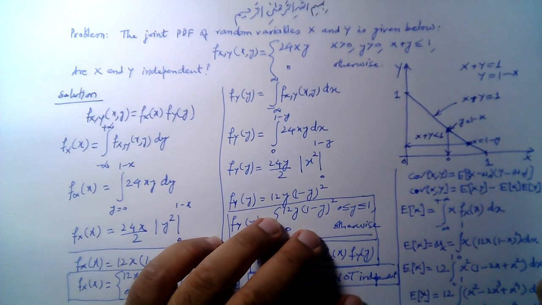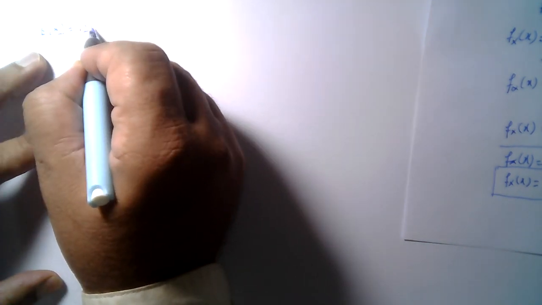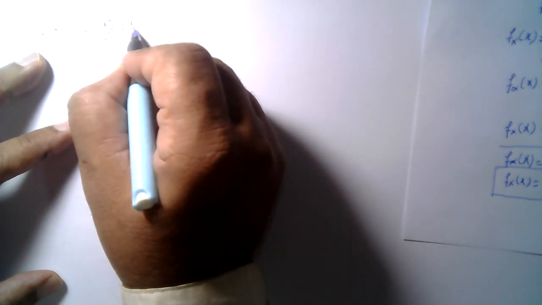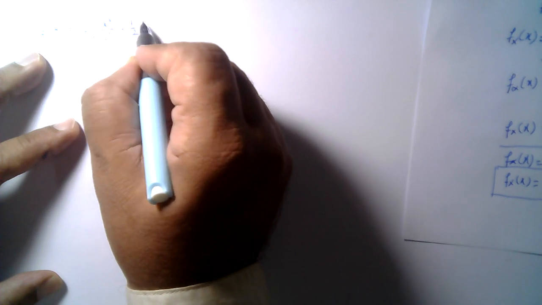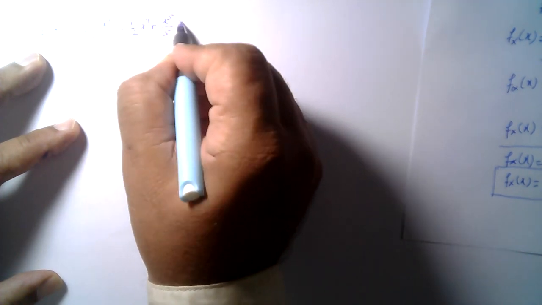Let me reproduce it here also. Expected value of x is equal to 12 times x cube over 3 minus 1 over 2 x raised to power 4 plus x raised to power 5 over 5, and the limit is from 0 to 1, right?